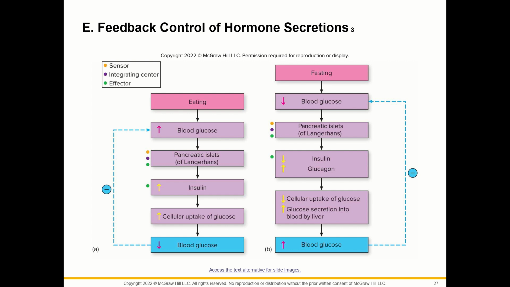This stimulates the liver to secrete glucose into the blood, helping to prevent blood glucose from continuing to fall. In this way, blood glucose concentrations are maintained within a homeostatic range following eating and during fasting.